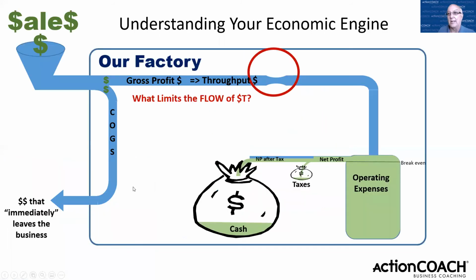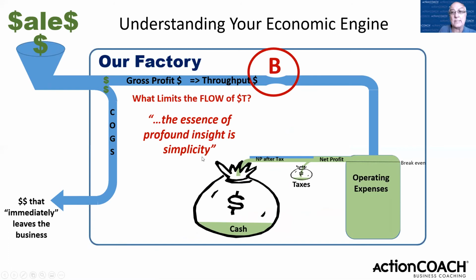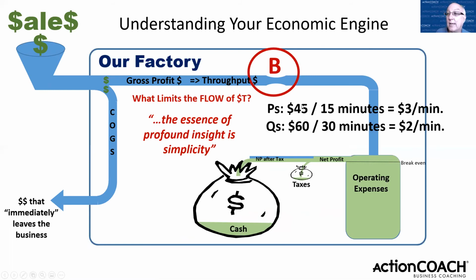All right. So back to our factory model from the first 4 vlogs here. Really, we're concerned about what constricts the flow of throughput dollars. And that's processing step B, right? And the essence of profound insight is simplicity. The plant really comes down to what's going on at B. And P's have $45 of throughput dollars, right?